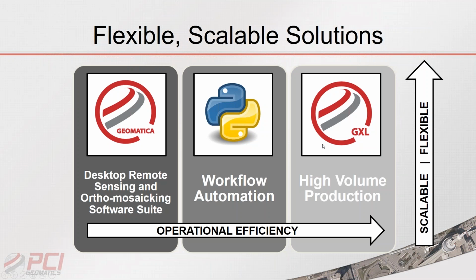So just a few words on PCI for those of you who may not be 100% familiar with our technology and our company. We are a company that was born out of the satellite remote sensing world. We were founded in 1982 and have really continued to evolve our technology to handle many different types of Earth observation imagery. Everything from aerial to satellite, radar sensors, optical sensors, what have you.